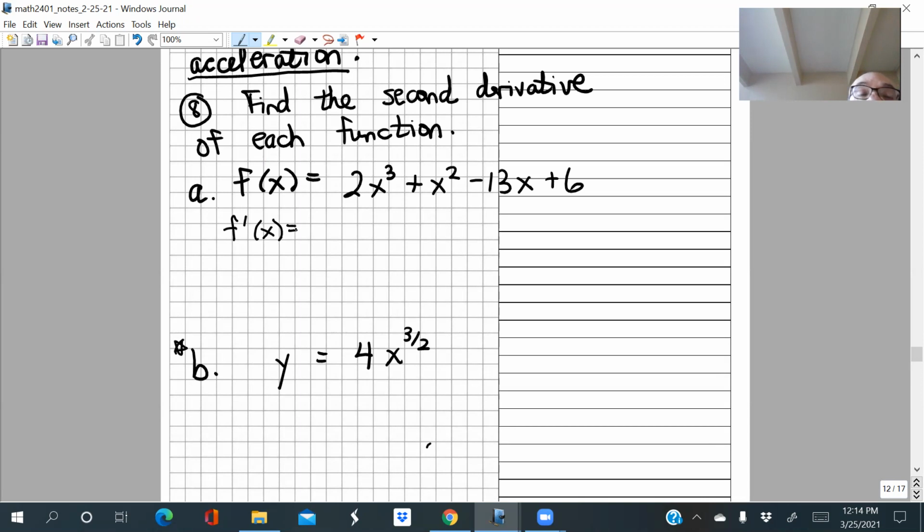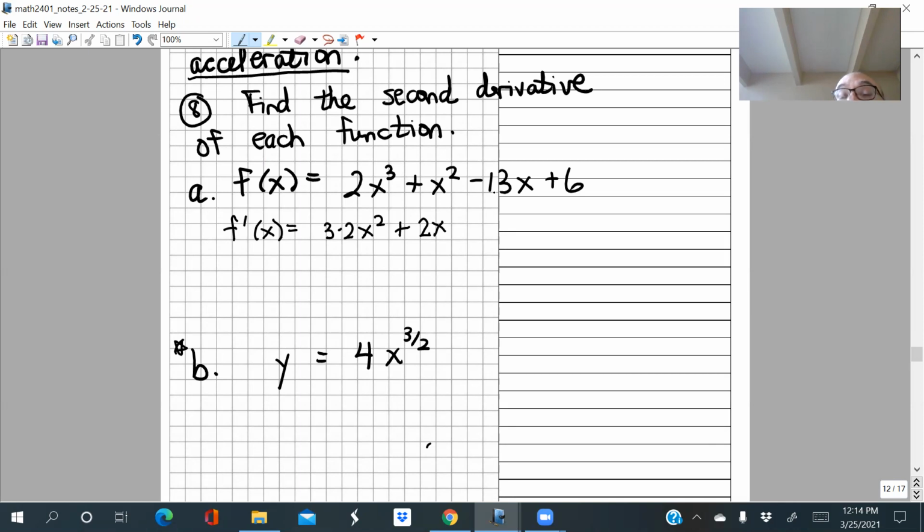So first let's find the first derivative, and that's easy to do using the power rule here, right? Just go term by term. The derivative of 2x cubed is 3 times 2 times x squared. Bring the 3 down and subtract 1 from it. And then the derivative of x squared, as Jocelyn told us a moment ago, is just 2 times x.